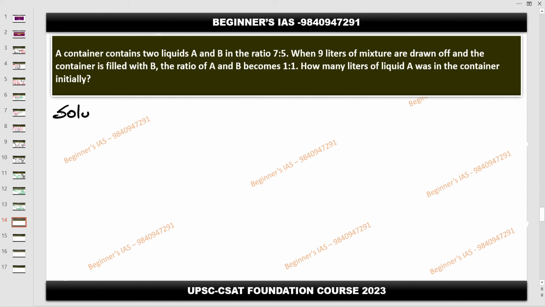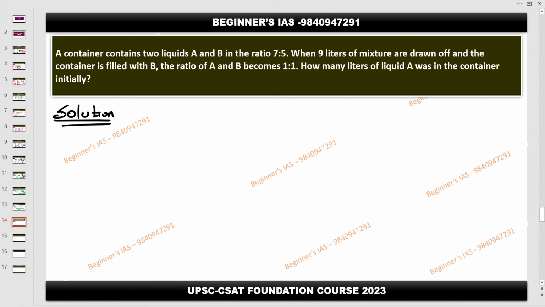First of all, a container contains two liquids, which means only one container. A and B are in the ratio 7:5. Now 9 liters of that mixture are taken off, and the container is filled with B. Then the ratio will become 1:1. How many liters of liquid A was there in the container initially? That is the question.